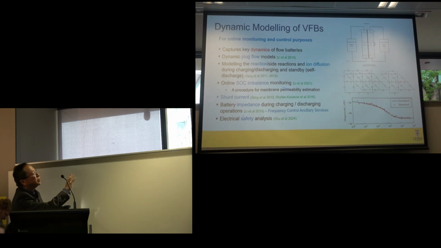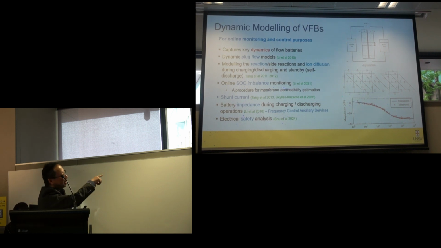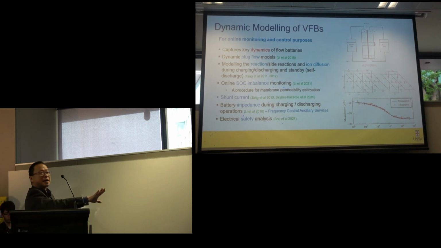I'm sorry about the unit, we use decibels, which is probably not the best here, but it basically shows that at high frequencies, around 3 or 4 kilohertz, the battery impedance is actually about one third of the impedance at low frequencies, showing that flow batteries can be very good in terms of responding to fast charging and discharging current.